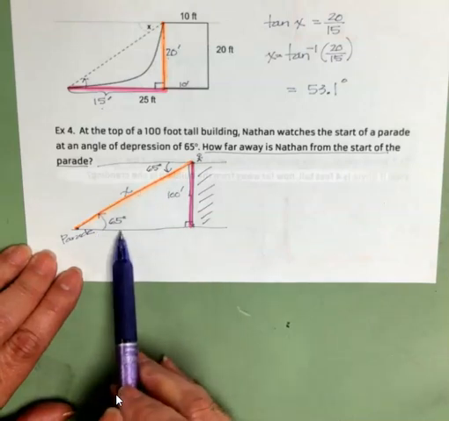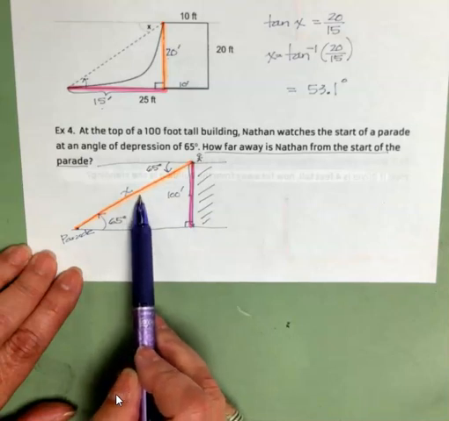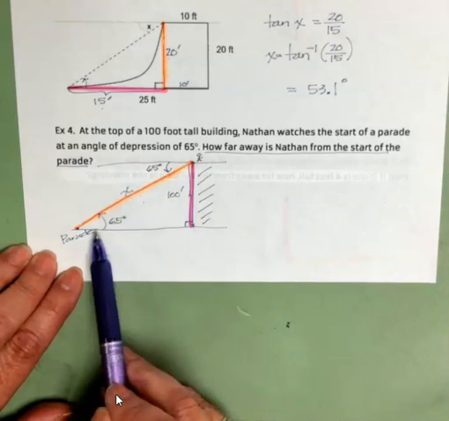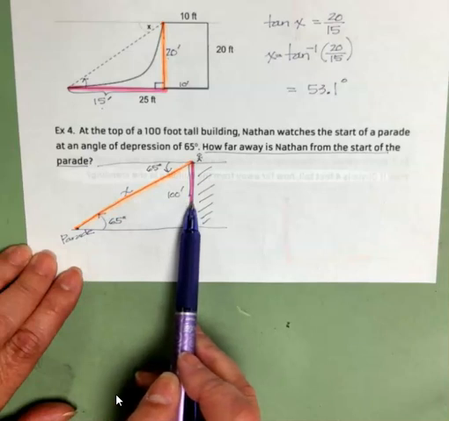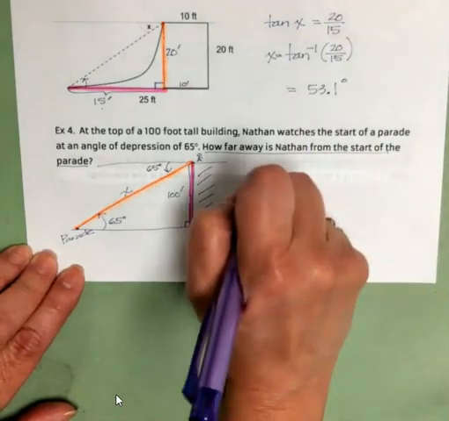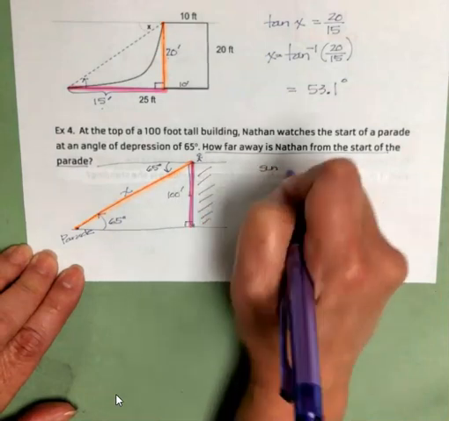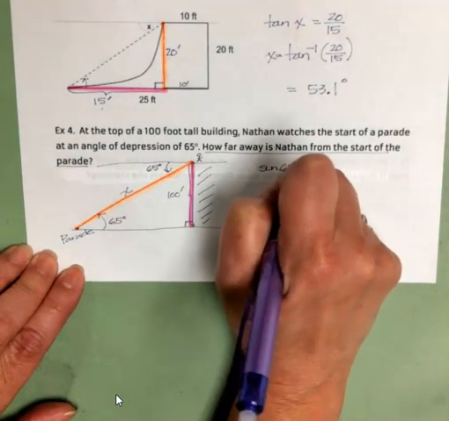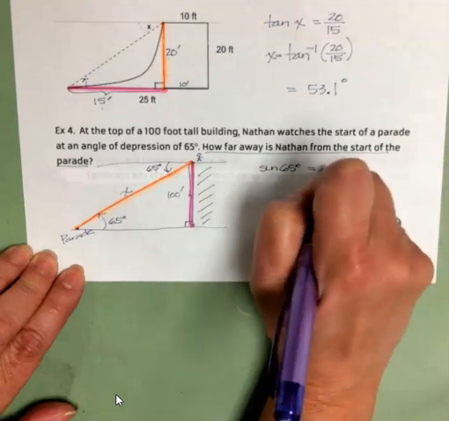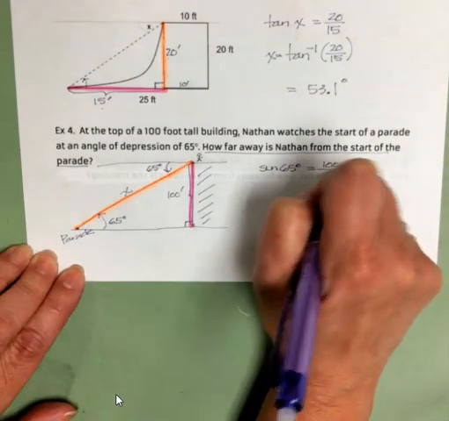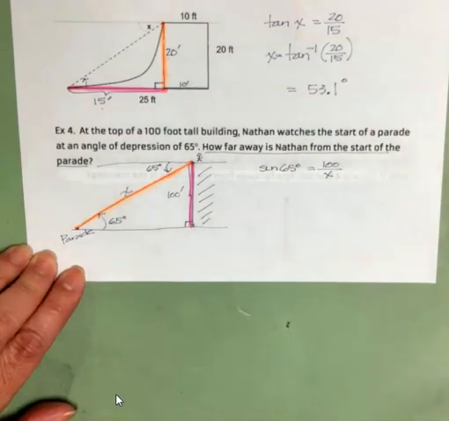So the question is, what trig ratio involves the hypotenuse and the side opposite the angle? And that would be sine. Sine of 65 degrees would be equal to the opposite side over the hypotenuse.